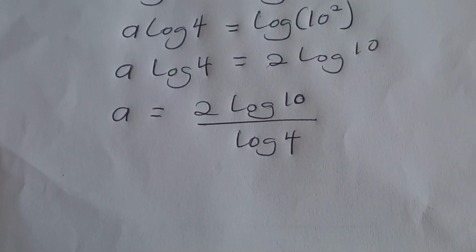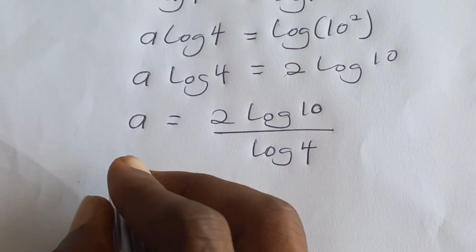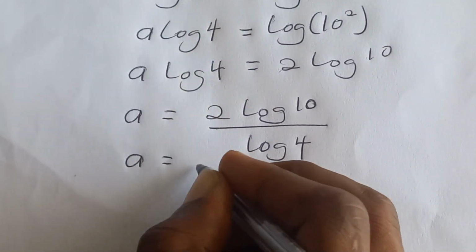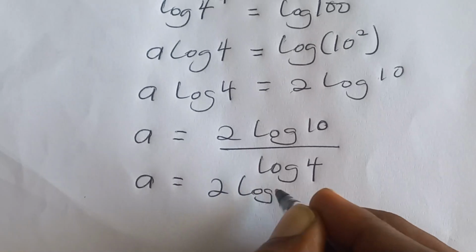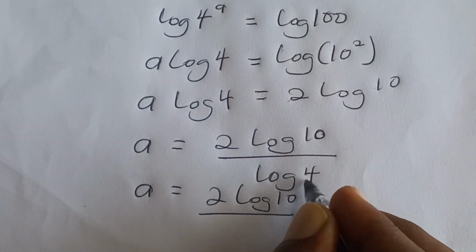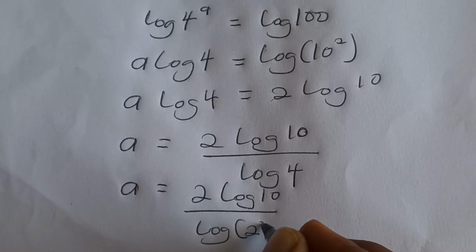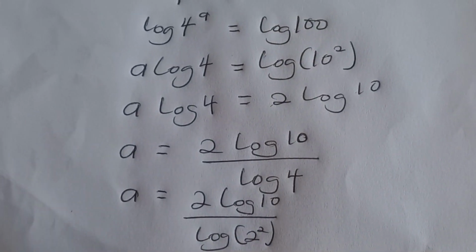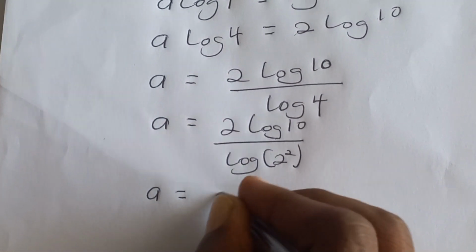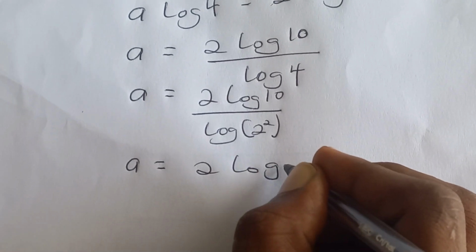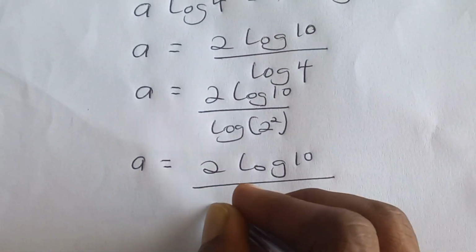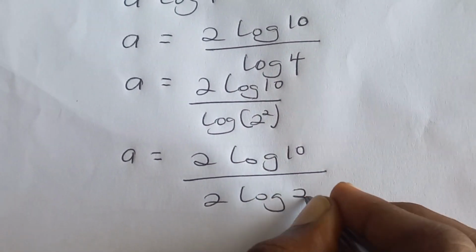So now we are going to get a is equal to 2 log 10 over this 4, we can express it as log into bracket 2 exponent 2 like this. So now our a is equal to 2 log 10 on 2 log 2.